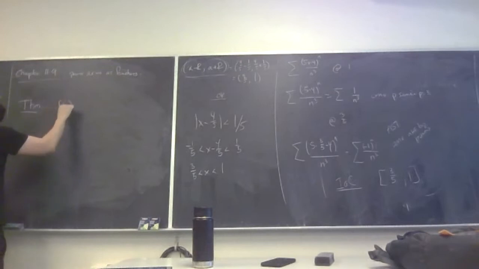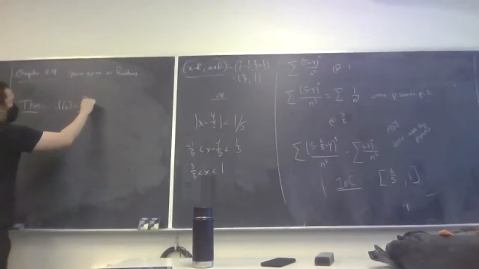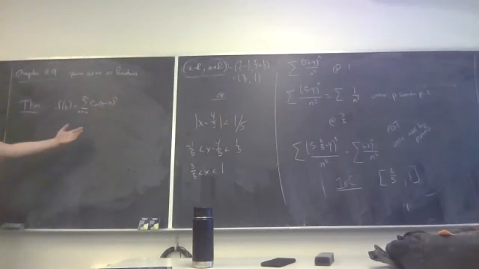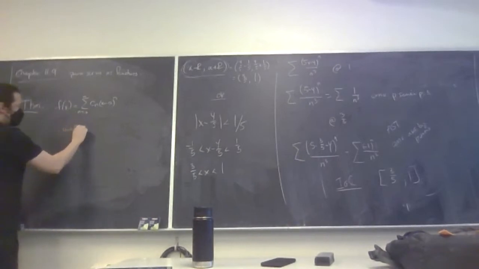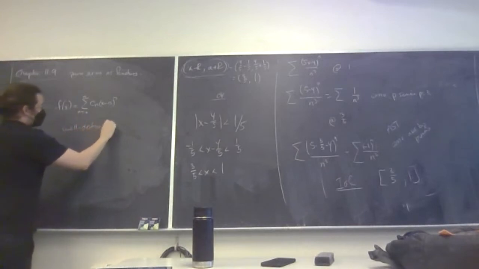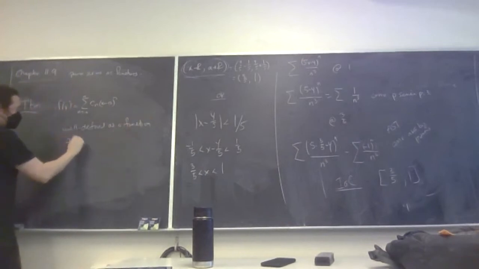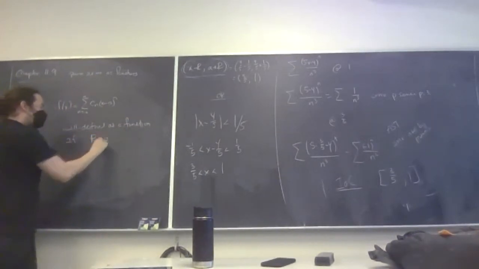If f of x is equal to the sum from n equals 0 to infinity of c_n (x minus a)^n, if you have a power series, it's okay to think about it as a function you're plugging x into, as long as you are in the interval of convergence. Forget the endpoints. We're just going to talk about this being well defined as a function if the radius of convergence is positive.